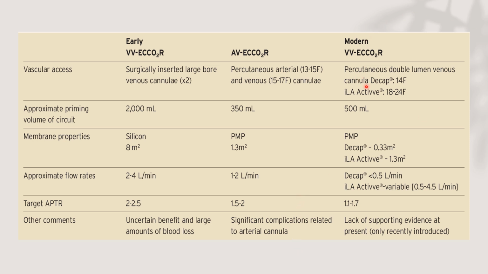For modern ECCO2R types, a percutaneous double lumen cannula can be used, which is the DLP 14 French, or the iLA Activve, which is 18 to 24 French. The priming volume is 500. Polymethylpentene is the oxygenator membrane material, and the approximate flow for the DLP will be less than half a liter per minute.